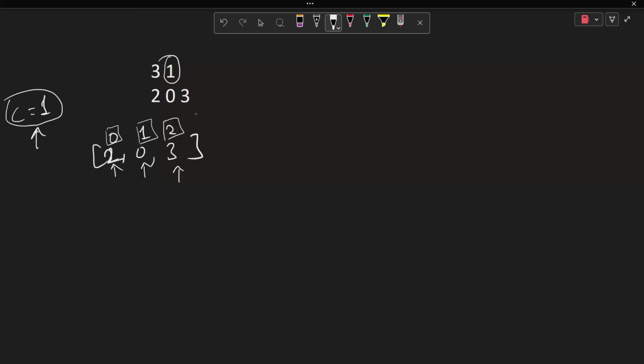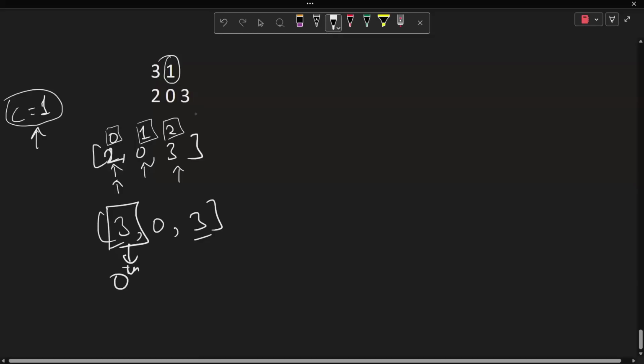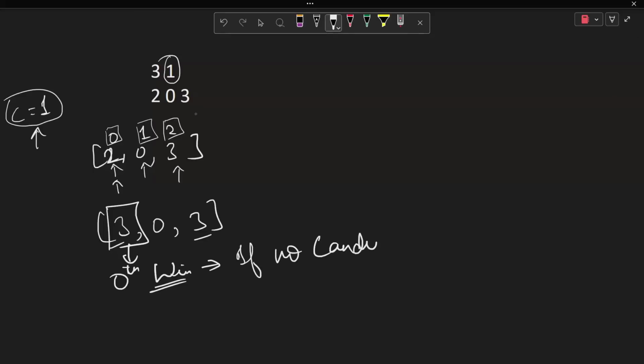This C person would vote for the candidate with the lowest number, that is this one, so he would get plus one vote. So he would get three votes, the first one would get zero, and the last one has three. So 3-3 is tied there, so the candidate with the lower number wins. So this 0th person wins, if no candidates are removed.